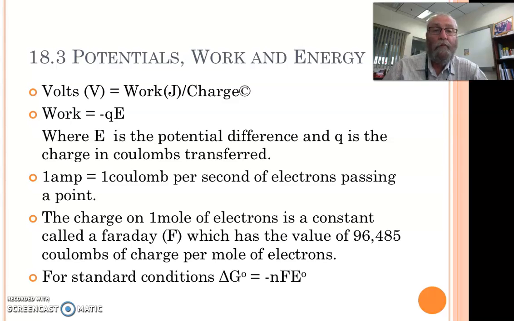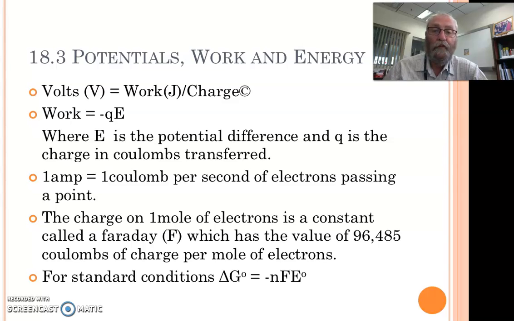Now, the charge on 1 mole of electrons is a constant called Faraday's constant, which has the value of 96,485, and this number is given to you in the data sheets. So it's approximately 96,500 coulombs of charge per mole of electrons. Okay, that's the relationship with moles and Faraday's constant.